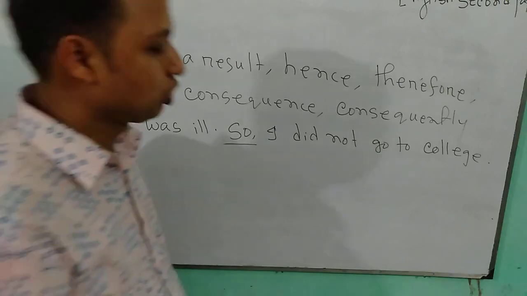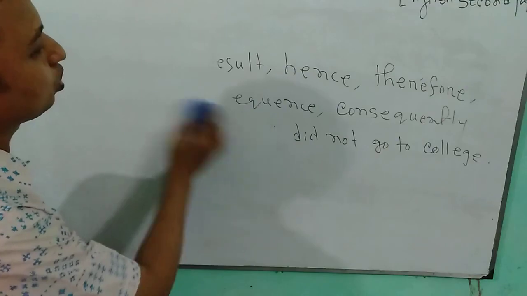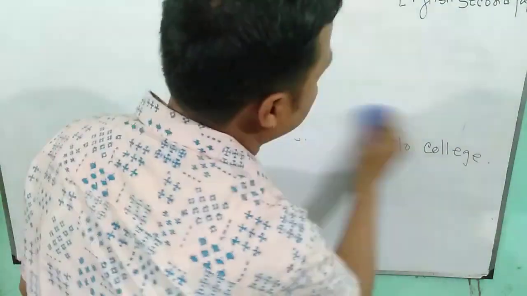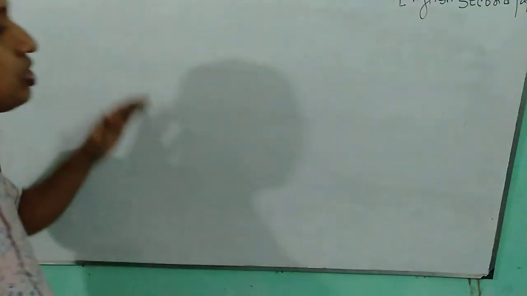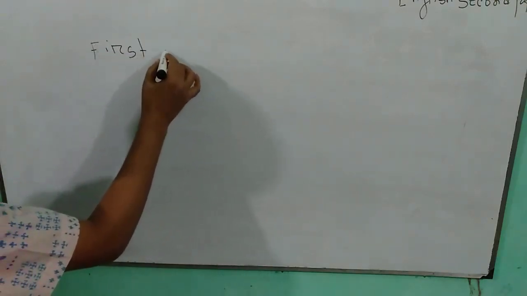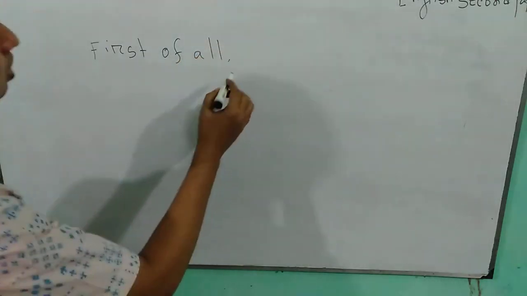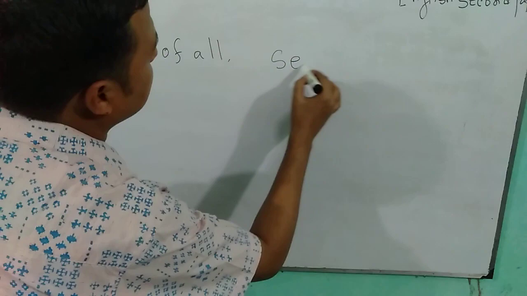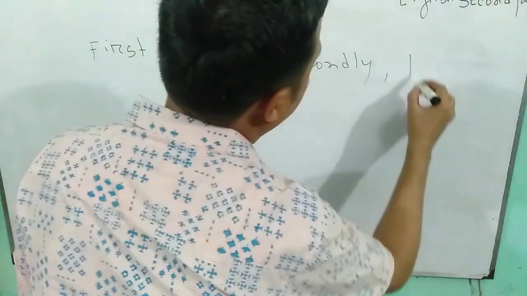Now I will show you linking words which show that when several activities occur serially, like first of all, secondly, finally.